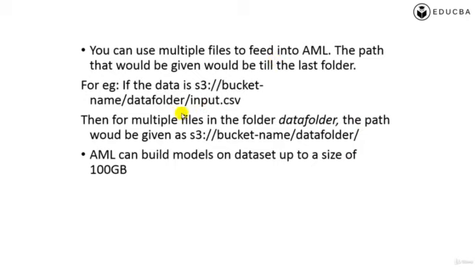One another point is that AML can build models on datasets up to a size of 100 GB. The efficiency of the model remains up to 100 GB, and in case of more than that, AML will try to shrink your data or not see the data. So you should have a maximum of 100 GB of data in your S3 path.